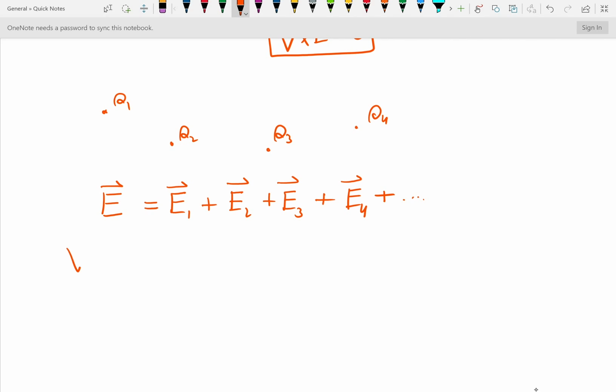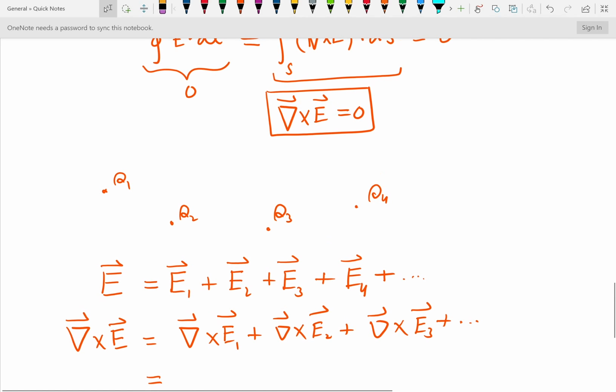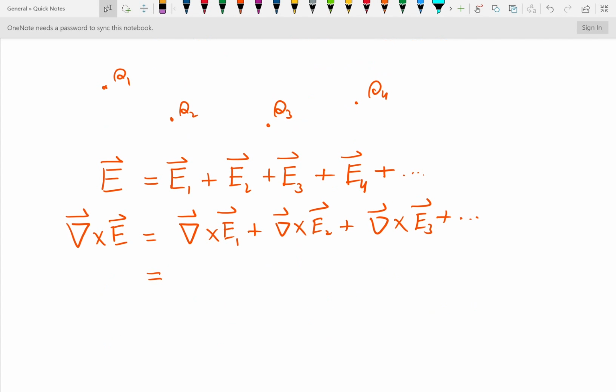And if I now calculate the curl of the net electric field, that will be equal to the sum of the curls of the individual electric fields. And since we have just proved above that the curl of an electric field due to a single charge is equal to a null vector, these individual curls will be null vectors.